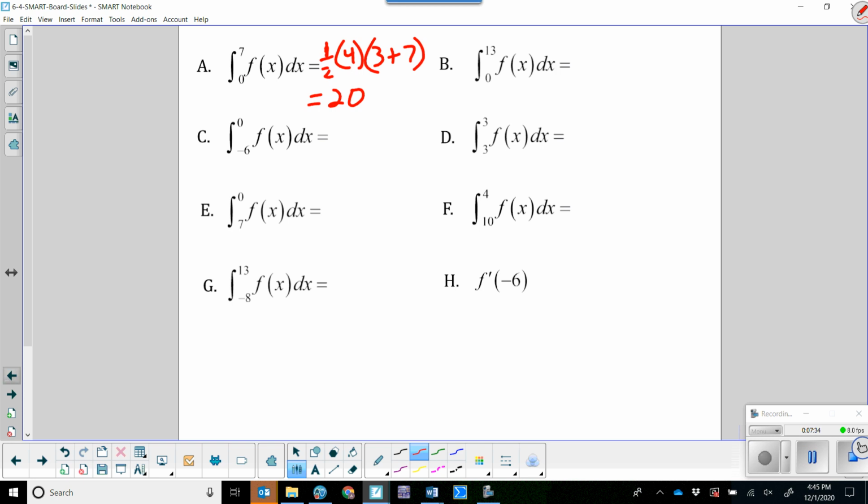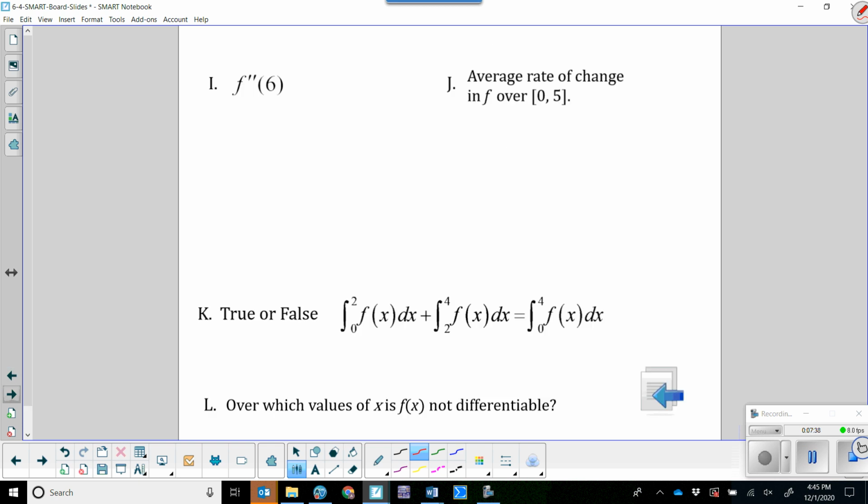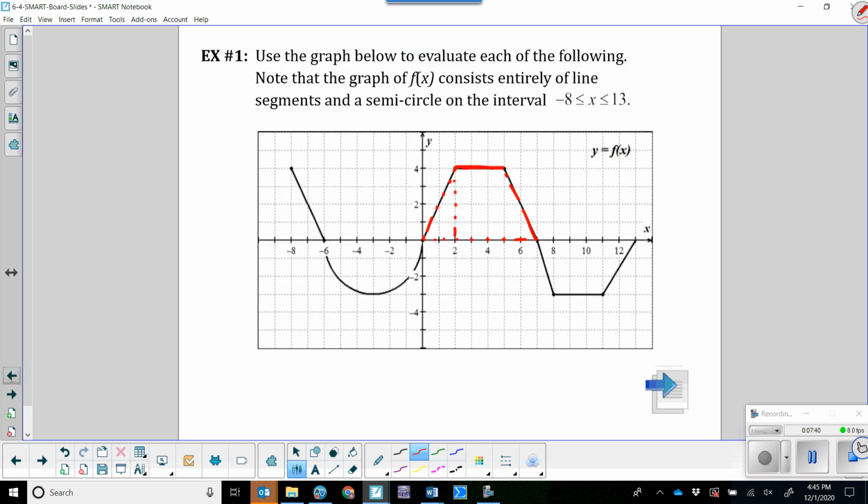Okay, on B, we're going to go from 0 to 13 of f of x dx. We're getting ready to look at properties in a second, but we're going to kind of figure out if they make sense, okay? So if we're going to go from 0 to 13, that means we want that part that we just found.